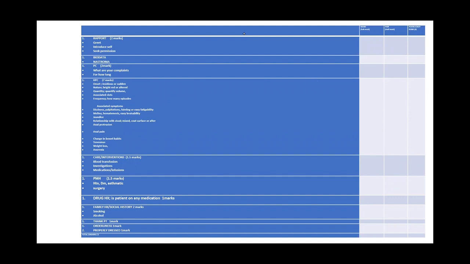The next thing you want to ask for is associated symptoms. Now you can see dizziness, palpitations, fainting, easy fatigability are all symptoms of what? Anemia. Okay?